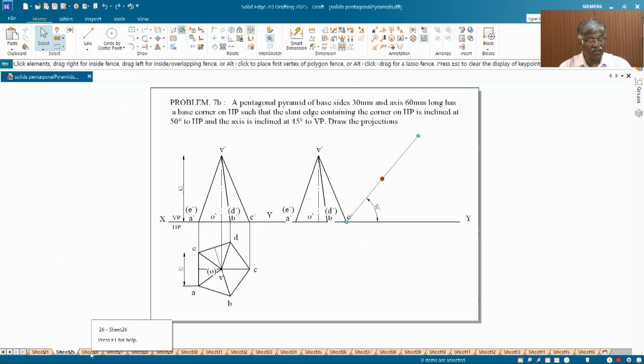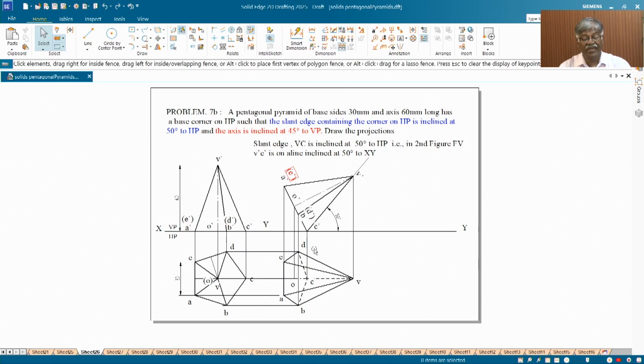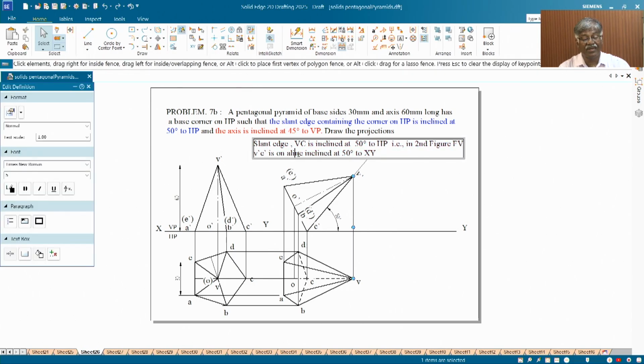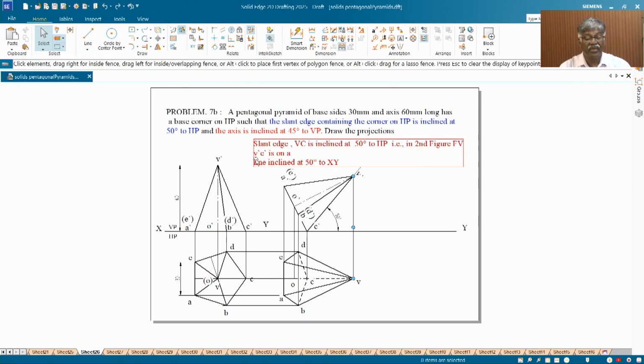Then you get the inclined figure with respect to CV. CV is the slant edge which is inclined at 50 degrees to HP in the second figure front view. So V dash C dash is on a line inclined at 50 degrees to XY.